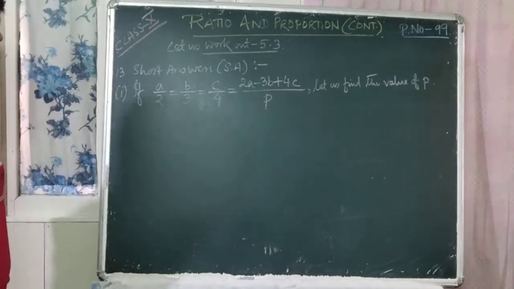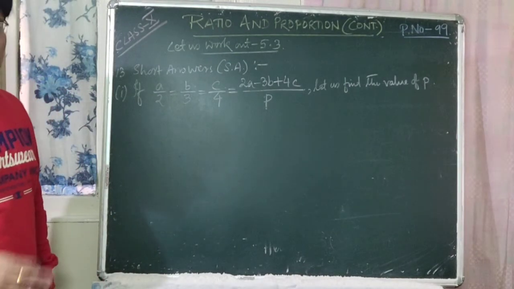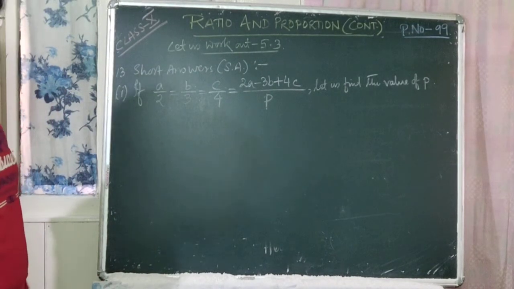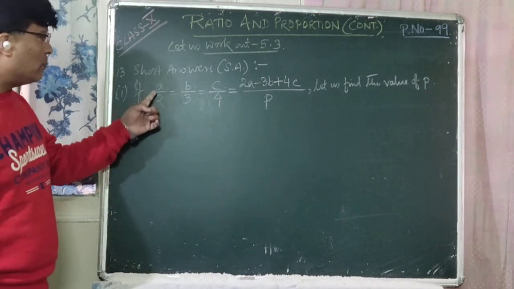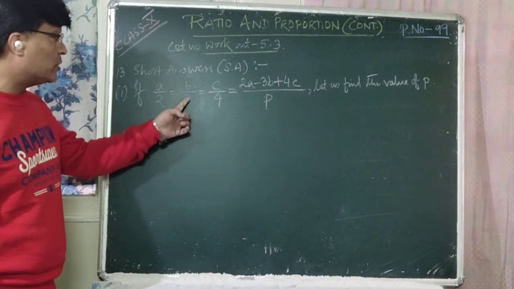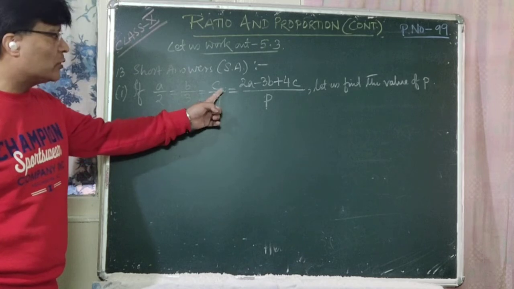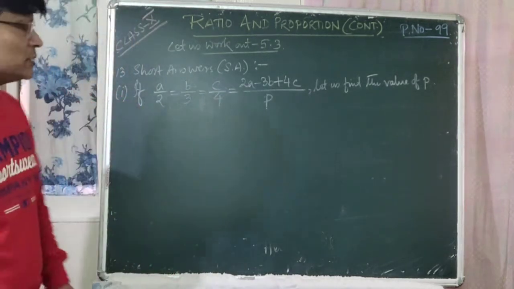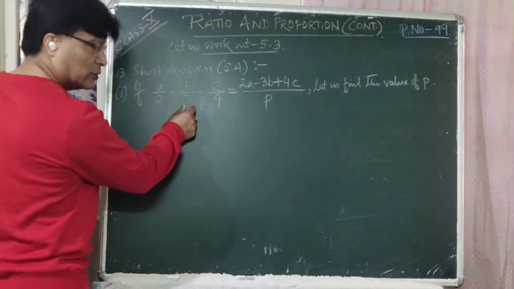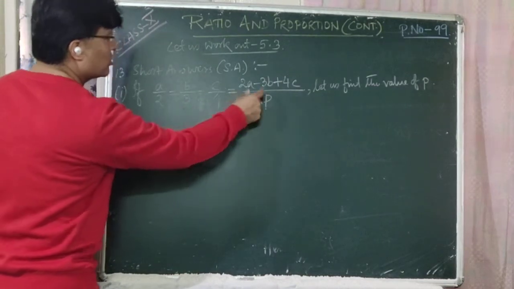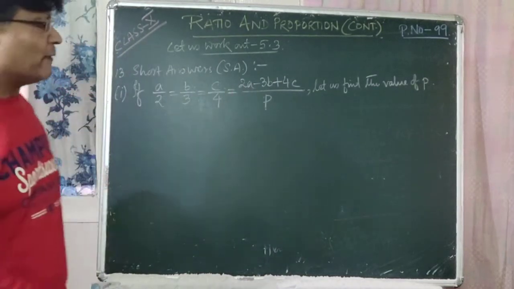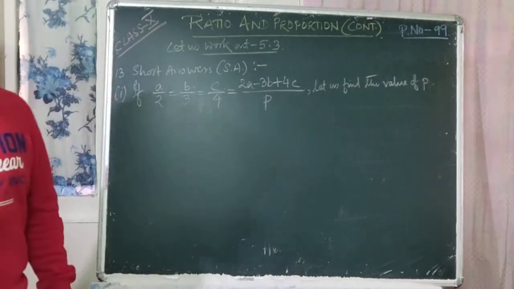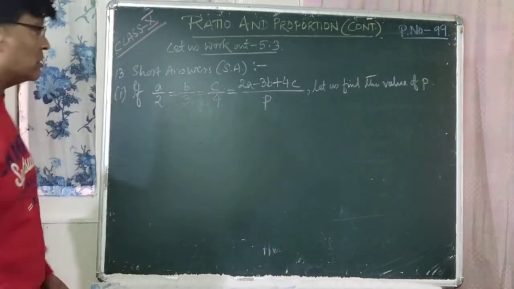So now we'll do the next question, that is 13 number 1. If a upon 2 is equal to b upon 3 is equal to c upon 4 is equal to (2a minus 3b plus 4c) divided by p, that is, the first ratio is equal to the second ratio is equal to the third ratio is equal to the fourth ratio, let us find the value of p. Here also you can use the k method.